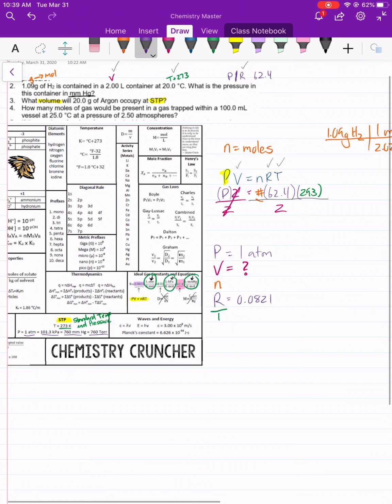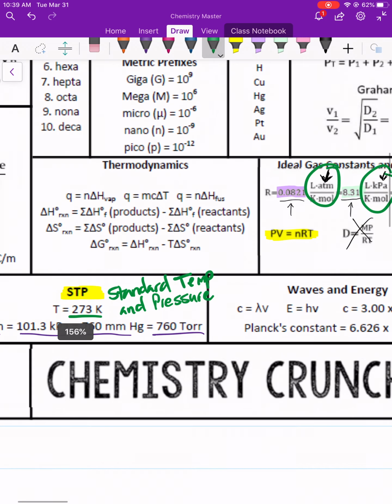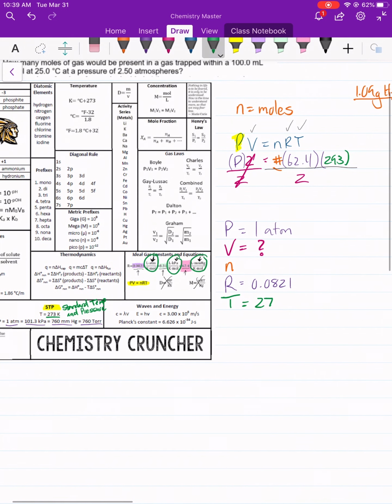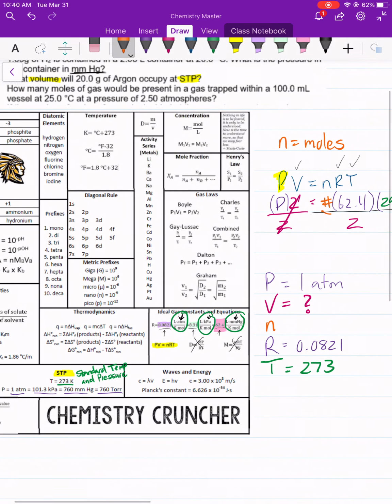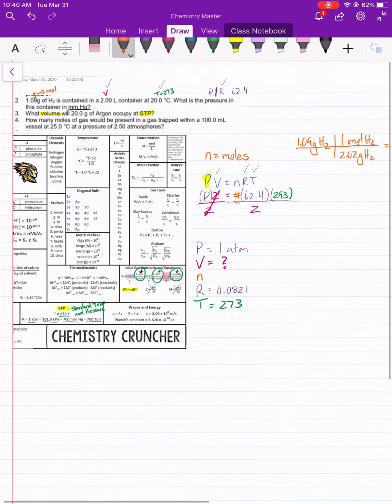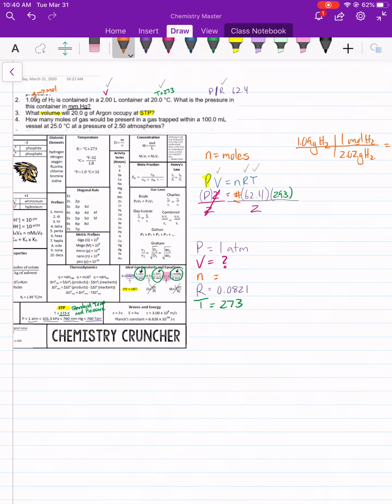N, they did not give us an N value. They didn't give us any moles. T, we know. Standard temperature, 273. All right. And N, they didn't give us moles, but they did give us grams of an element. So 20 grams of argon.